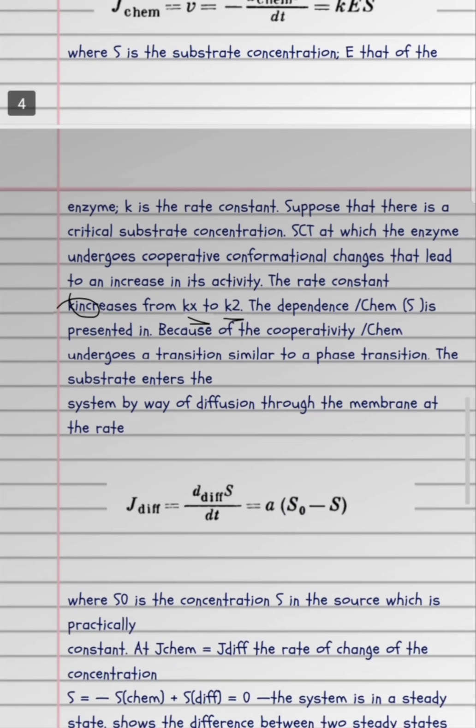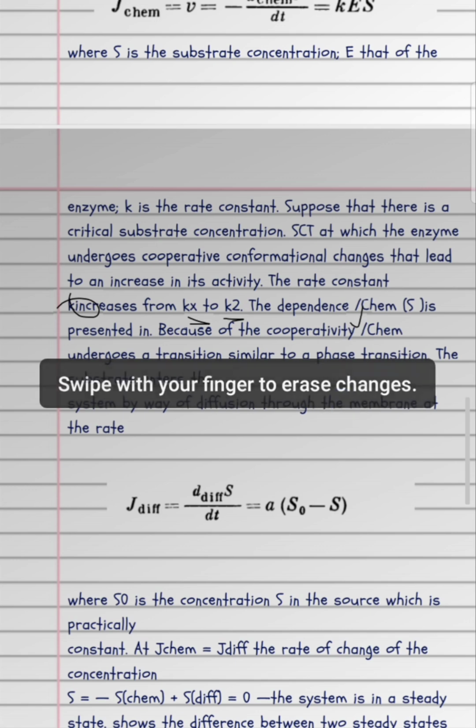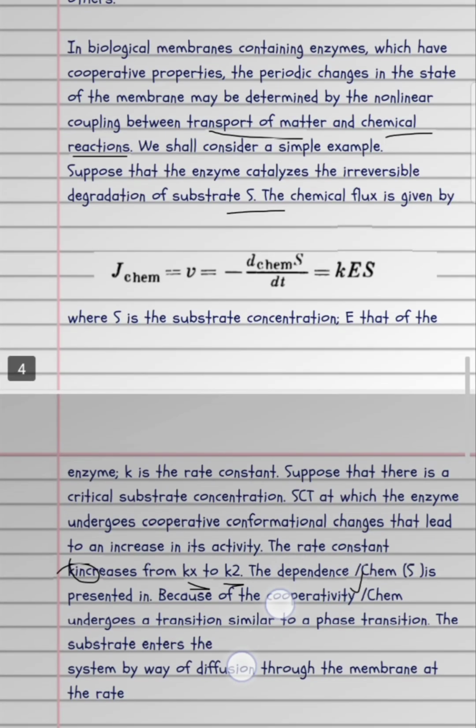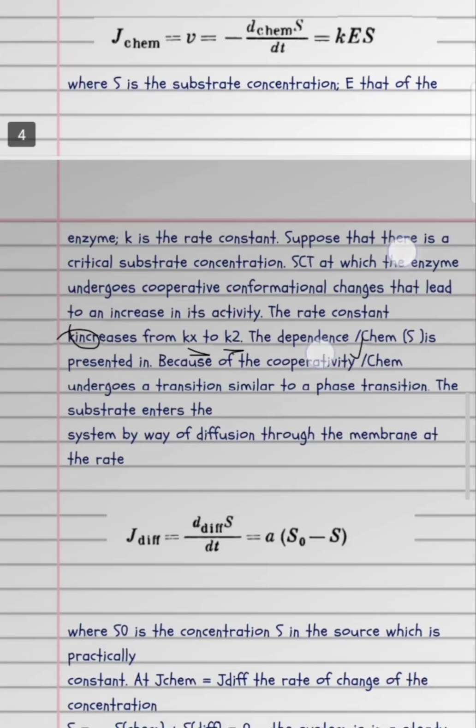The dependence of J_chem is represented in the figure, or we can say that the chemical flux undergoes a transition similar to a phase transition.